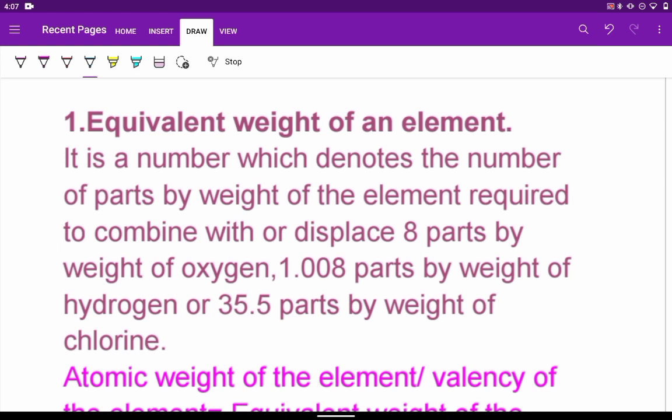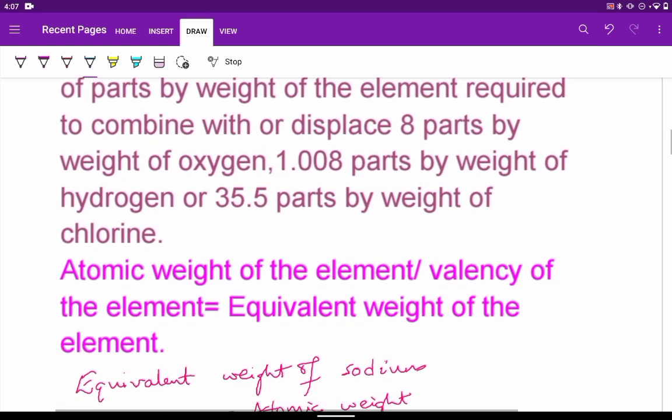Means it can displace this much of certain elements like oxygen, hydrogen or chlorine. For oxygen it is 8 parts, for hydrogen 1.008 parts, for chlorine it is 35.5 parts.